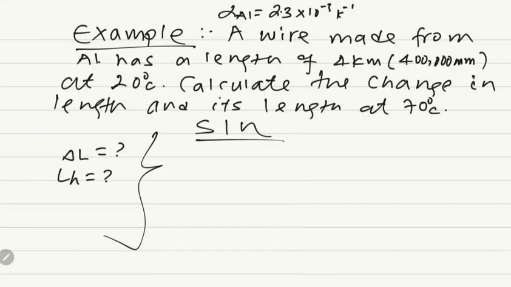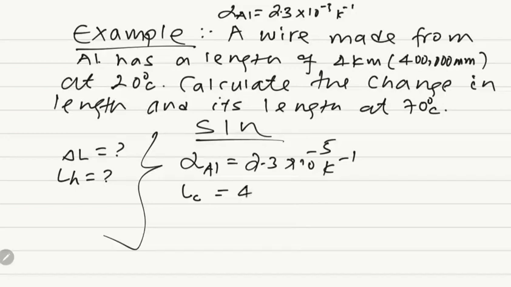Now let's extract the givens. We have the coefficient of expansion for aluminium, 2.3 times 10 to the power of minus 5 K to the power of minus 1. And we have the length at the colder temperature, 400,000 millimeter, meaning this is 4 times 10 to the power of 5 millimeter.